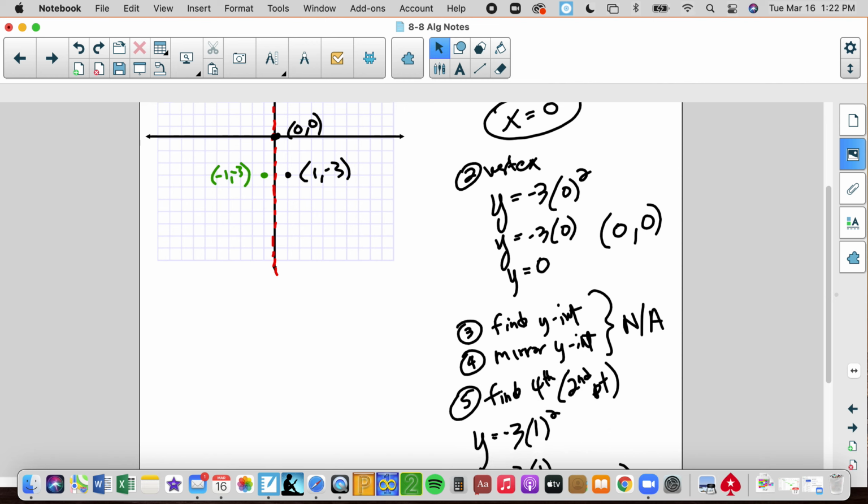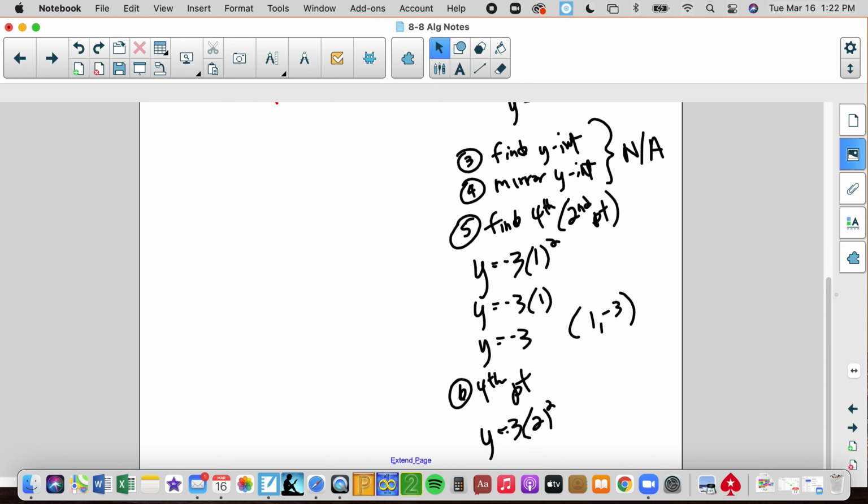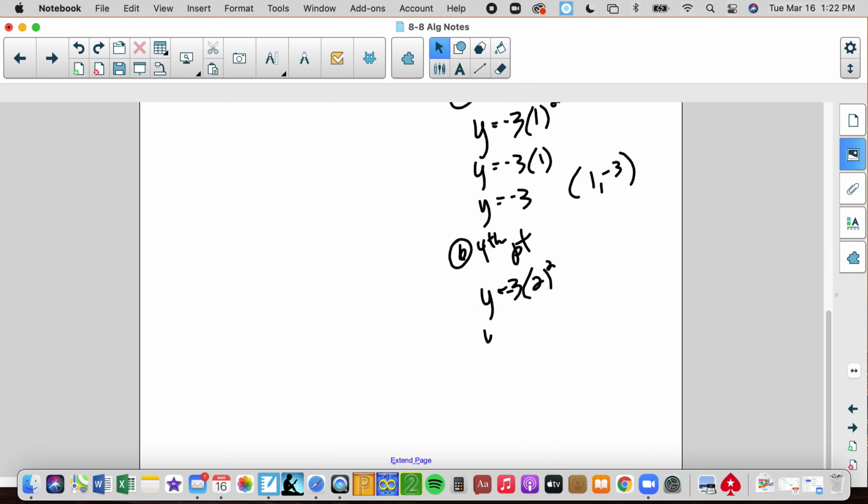Now we have to find a fourth point. So let's pick another x value. Let's pick 2. So y equals -3 times 2 squared. That's -3 times 4, which is -12.